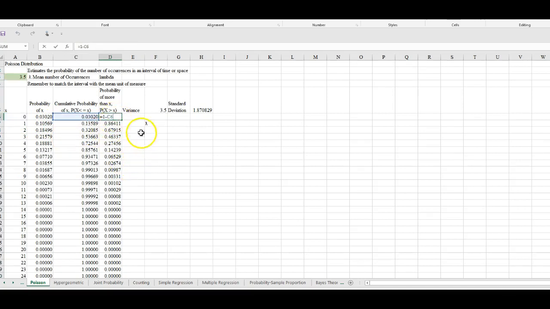In the last column, I simply took that cumulative probability and subtracted it from 1 to give me the probability of everything greater than that x value. But this spreadsheet is actually in your textbook if you wanted to build it yourself, but you already have it.